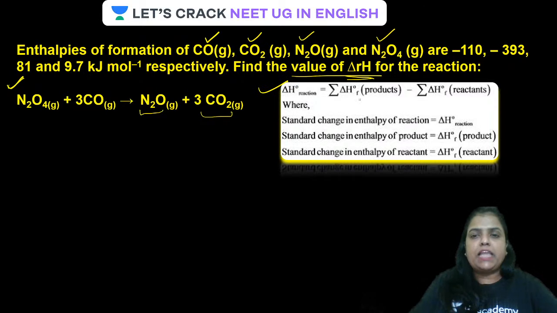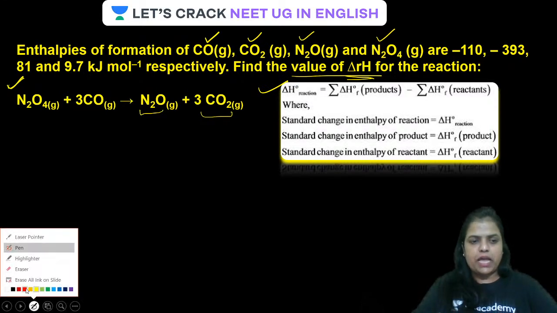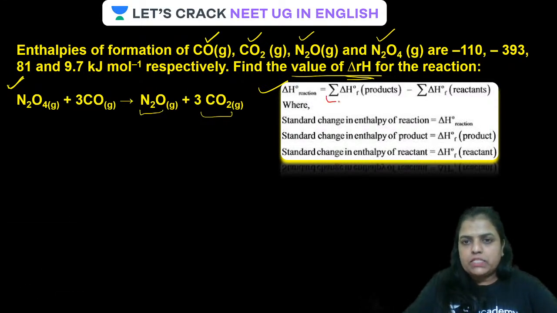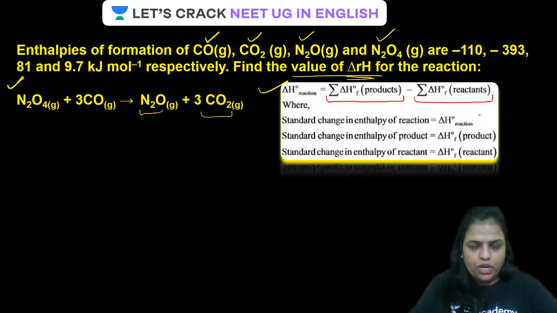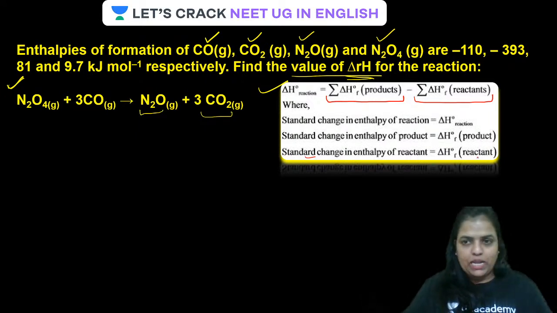Remember, the enthalpy of reaction is actually equal to the sum of enthalpies of products minus the sum of enthalpies of reactants. Okay guys, always remember, the standard change in enthalpy of reaction is equal to the sum of standard change in enthalpy of products minus the sum of standard change in enthalpy of reactant species. All done.